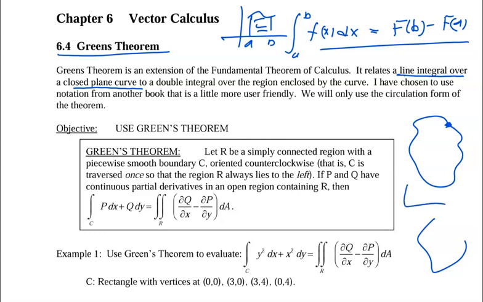Okay. The very interesting thing is this Green's theorem, just like in the fundamental theorem of calculus, it doesn't depend on the path. It just depends on the initial points and end points, right?